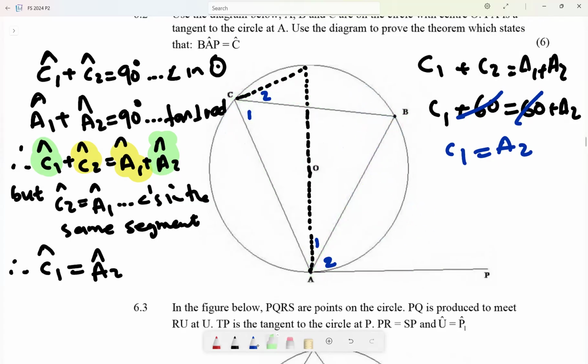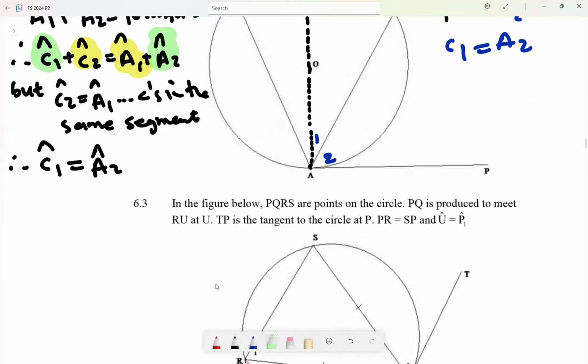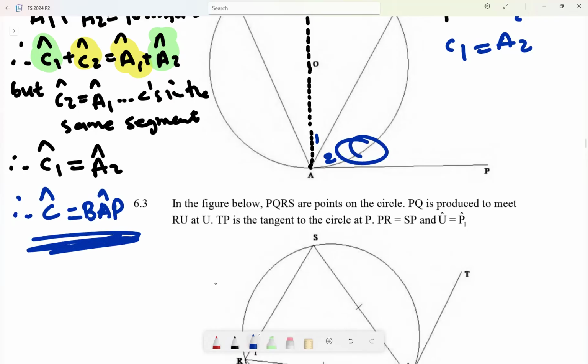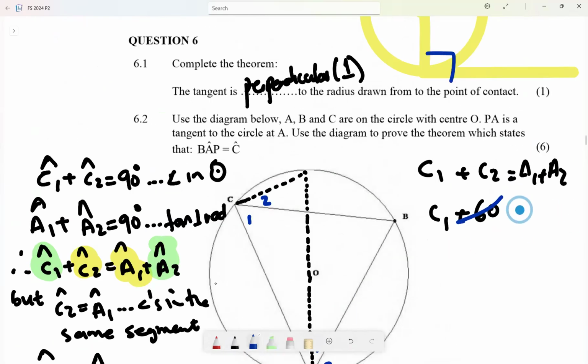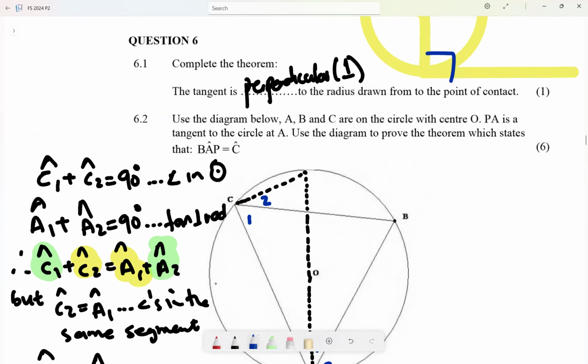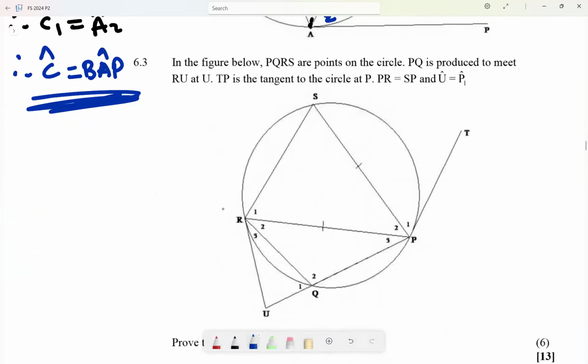You can leave it like that, or you can be nice and say, therefore angle C, which is C1, is equal to angle BAP. You do not need to because you already indicated it here. The examiner will look.